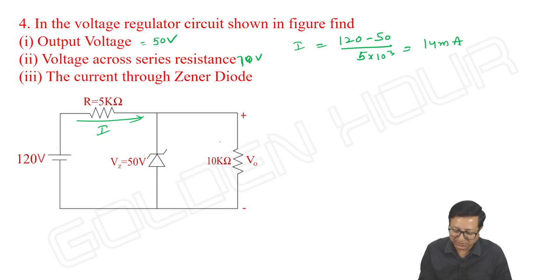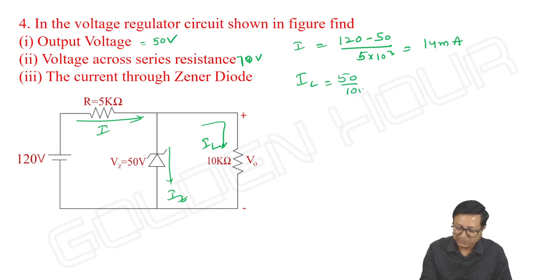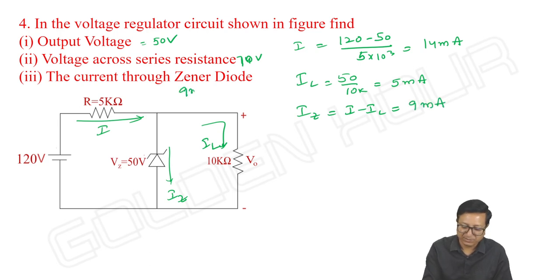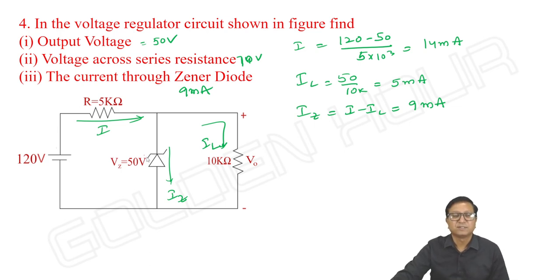Current through the Zener diode, okay, this current they are asking. Anyway, we got I. IL is equal to VZ by RL. It is 5 milliampere. And IZ is equal to I minus IL. 14 minus 5, 9 milliampere. That's it.